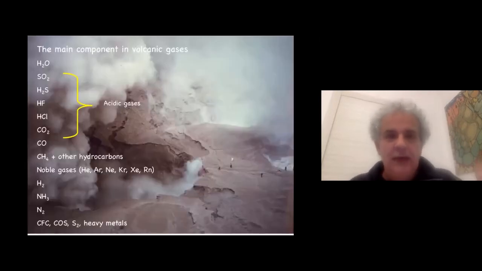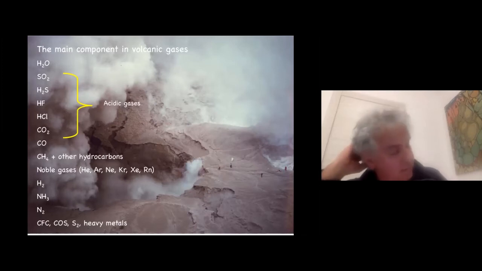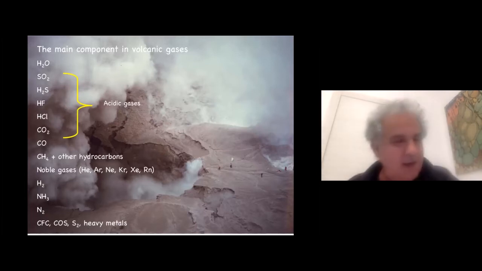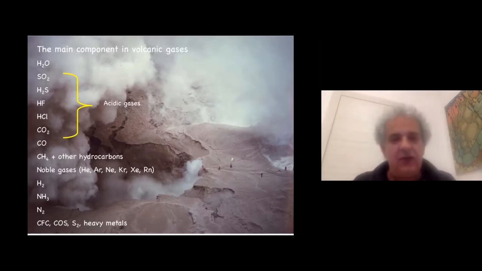So let's have a look at the main components in the volcanic gases, and then we start with the stable isotopes. Here there is a long list. I mean, with Franco Tassi, we analyzed 150 gas compounds in the fumaroles. This means that all these gases cannot be related to one source.